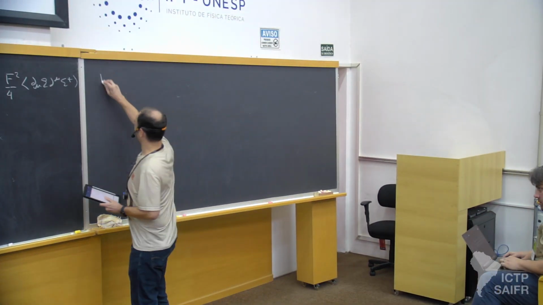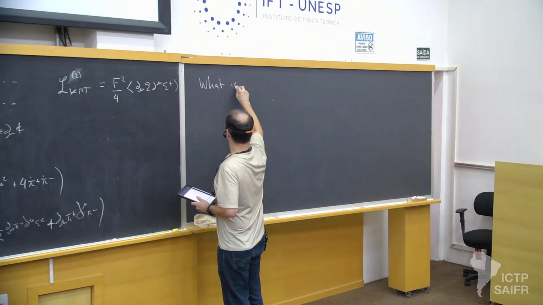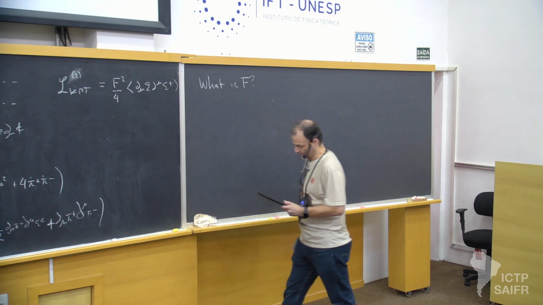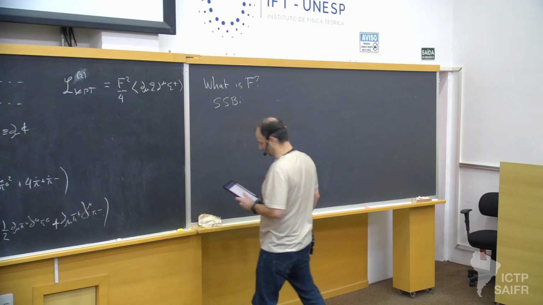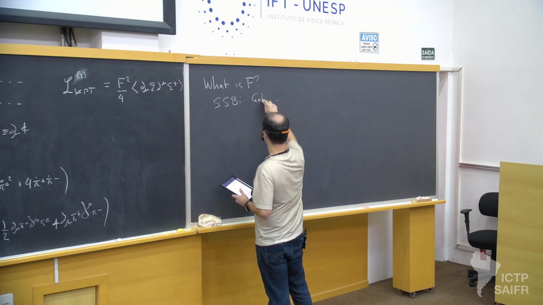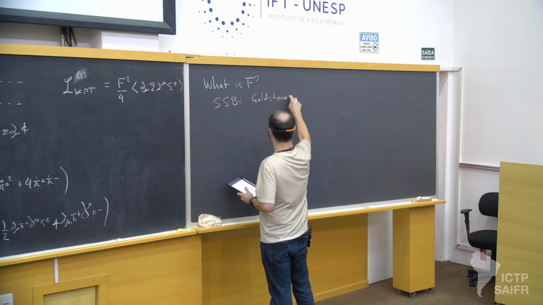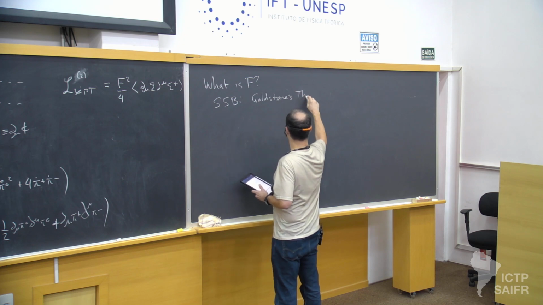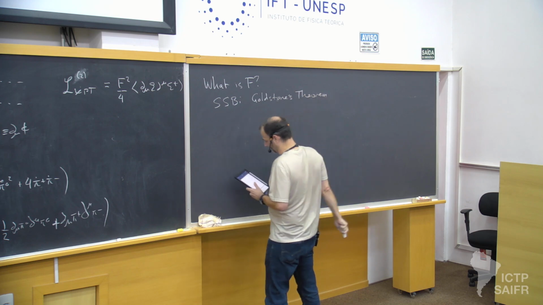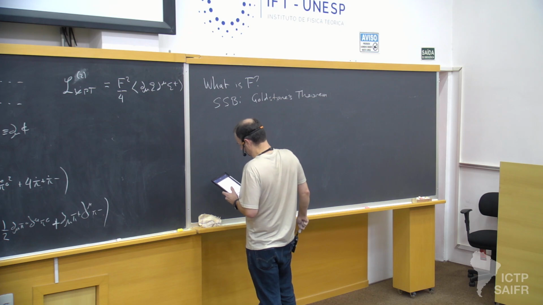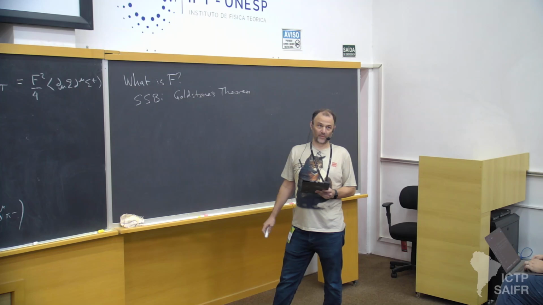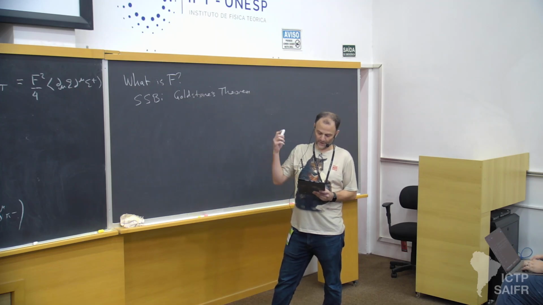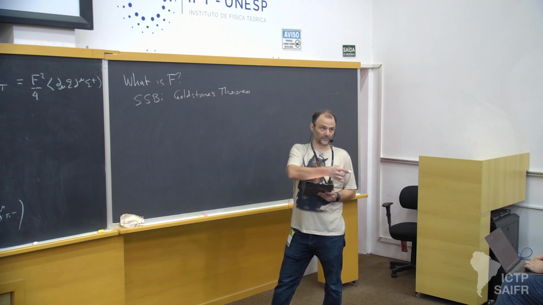Okay, so what is F? Recall from spontaneous symmetry breaking, there's this rule. I think it's called Goldstone's theorem. That if you have a Nambu-Goldstone boson, there's going to be a non-zero matrix element between the vacuum and the current of one of the broken generators.